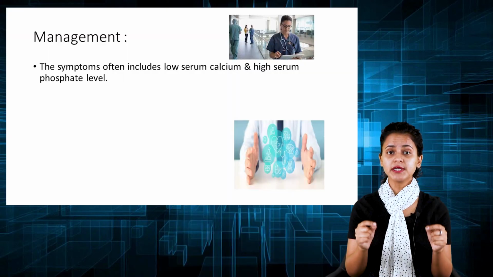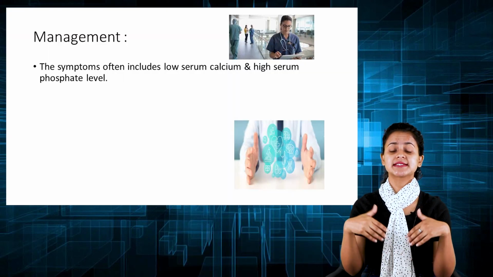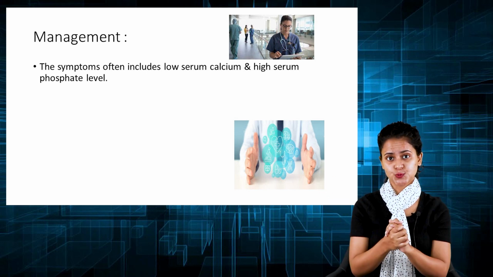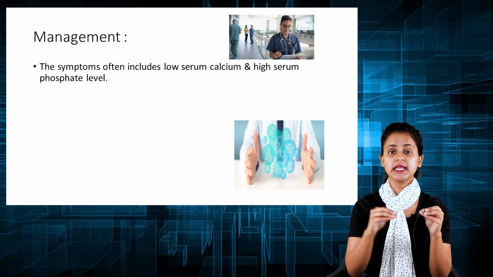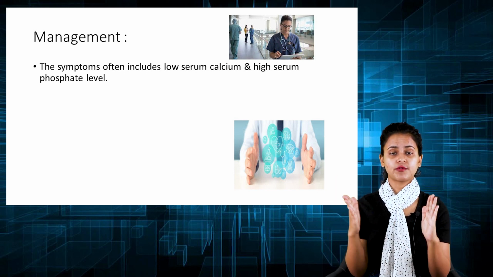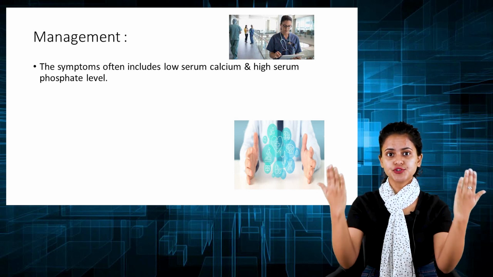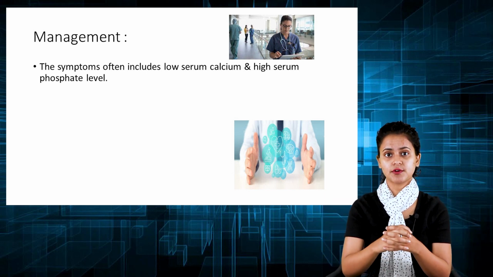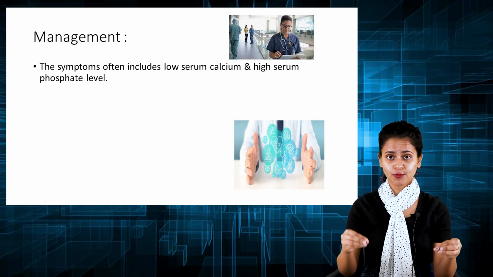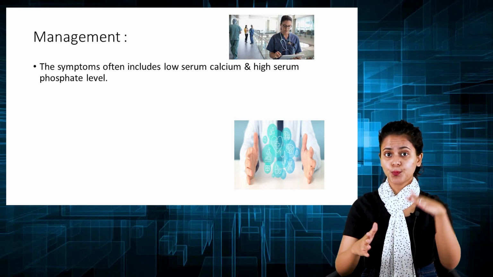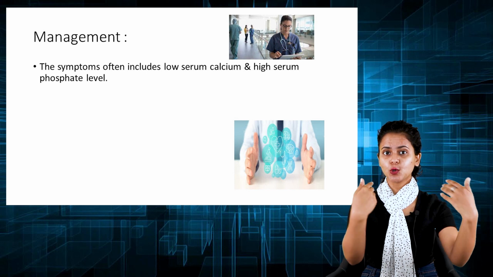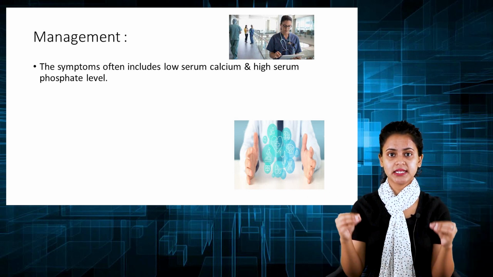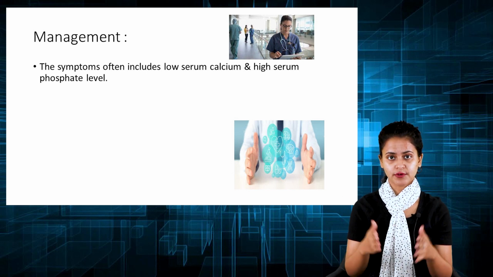The primary management often includes managing symptoms related to the low serum calcium level and the high serum phosphate level. You need to make it clear that whenever we are going to treat a client with hyperphosphatemia, we need to look at symptom management for both the low level of serum calcium and the high level of serum phosphate.